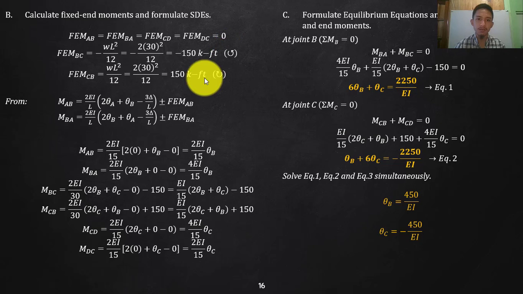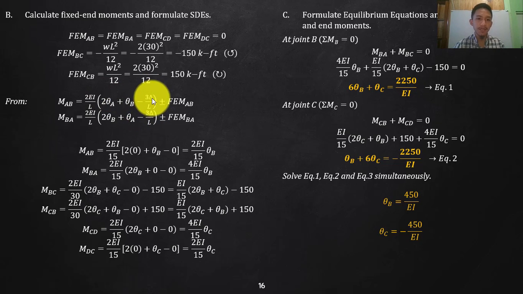Clockwise, this is counterclockwise. So again, this is your slope deflection equation, general form. All you need to do is complete that one, substitute your L and then FEM if we have that FEM, and then of course whatever is given and unknown in our rotations.